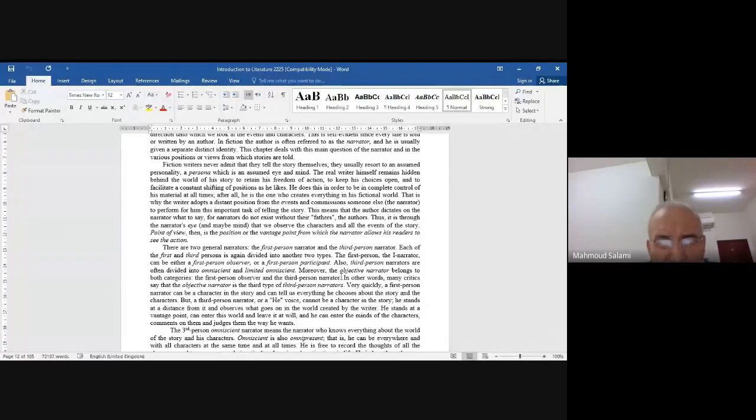The third-person narrators are also often divided into omniscient or limited omniscient. Moreover, we say objective narrator and maybe subjective. This is quite interesting, to see all these differences.